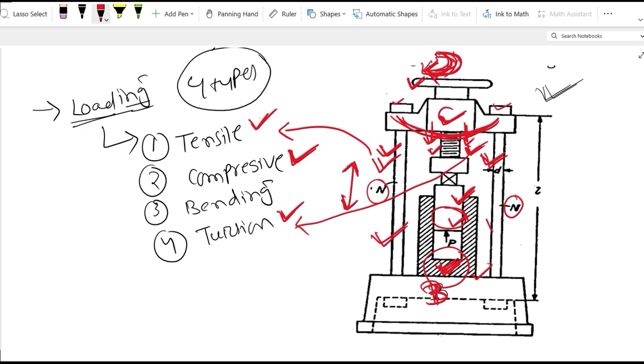This vertical member is getting elongated because of tensile force. This crosshead is getting bent because of bending, and sometimes we observe torsion loading at the screw because of movement of the handle.